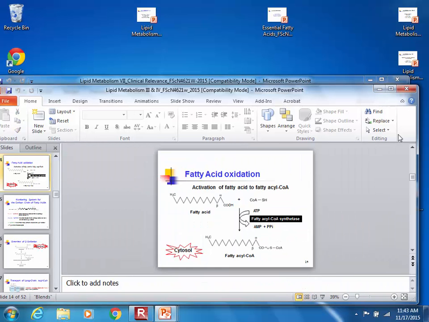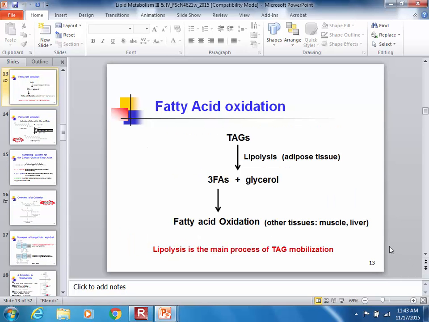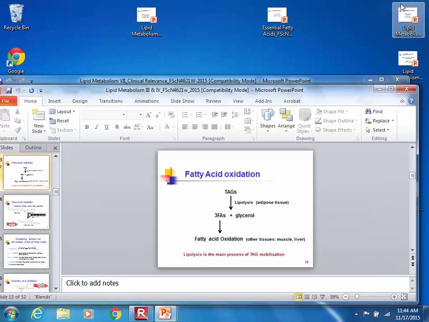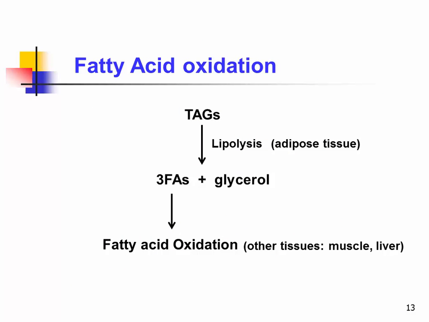So let's just start with fatty acid oxidation. Fatty acid oxidation means that we break down the fatty acids to small molecules, right? Which molecule is the end product of fatty acid oxidation? Acetyl-CoA, right?